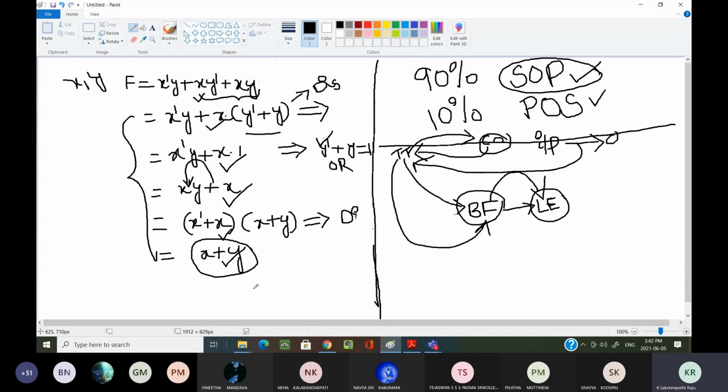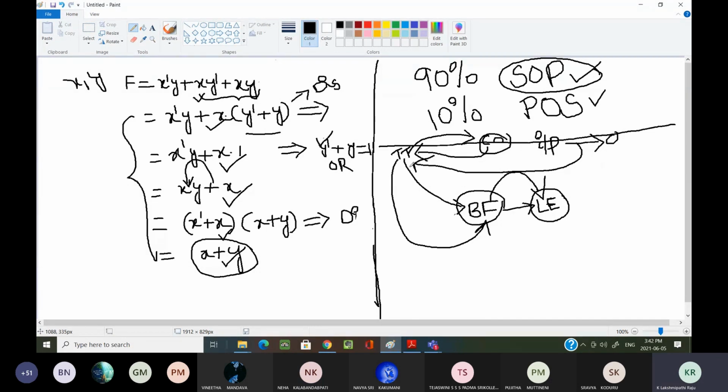Now you understood how we are deriving the logical expression? Not based on Boolean algebra laws, theorems or postulates, but we derive the Boolean function or logical expression based on the truth table. Now, I can give you a simple example.